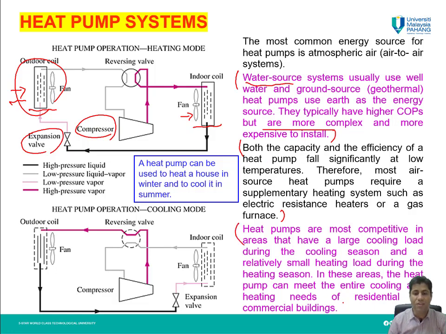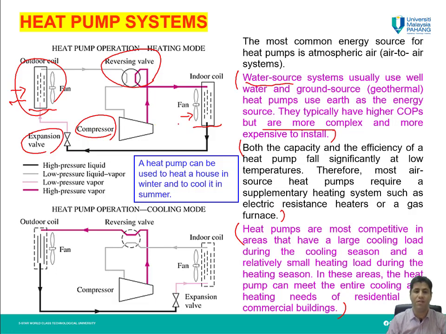And an interesting thing about the heat pump is if we use a reversing valve, then this heat pump can be used as a heater to increase the temperature inside the house.